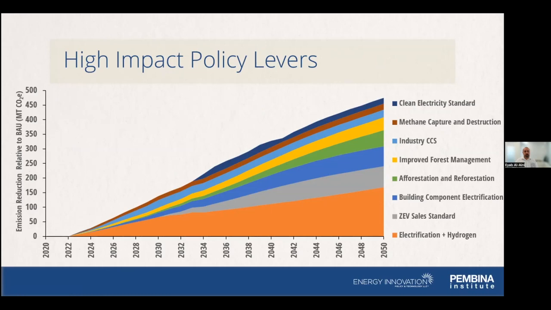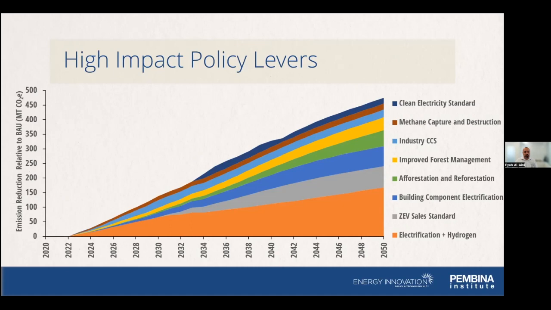The graph that I'm showing here is for the example scenario of Path to 2030 that's pre-built in the model. It shows the change in emissions compared to the reference scenario between the years 2022 and 2050, layered on top of each other by policy.